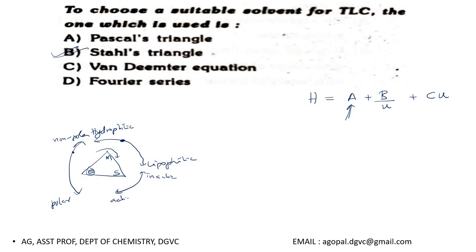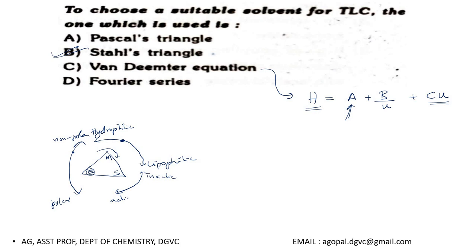B by U gives the longitudinal diffusion, and C into U gives the mass resistance. If H increases, the number of theoretical plates increases, and if the number of theoretical plates increases, the efficiency of separation will increase. So this is also an equation used in chromatography.